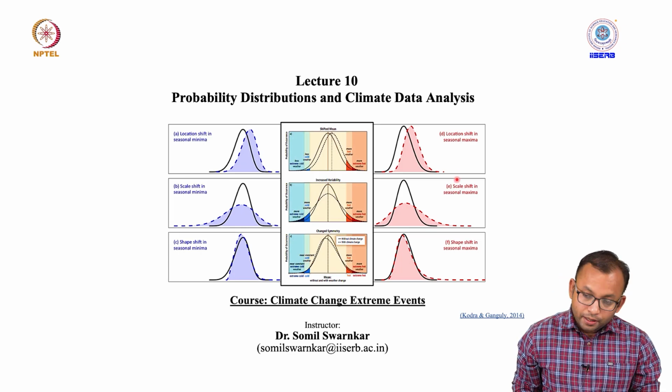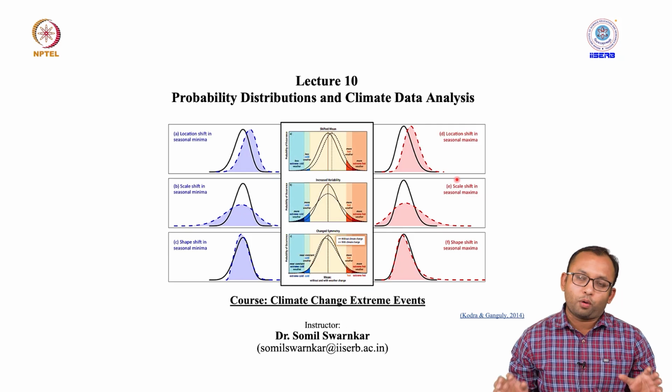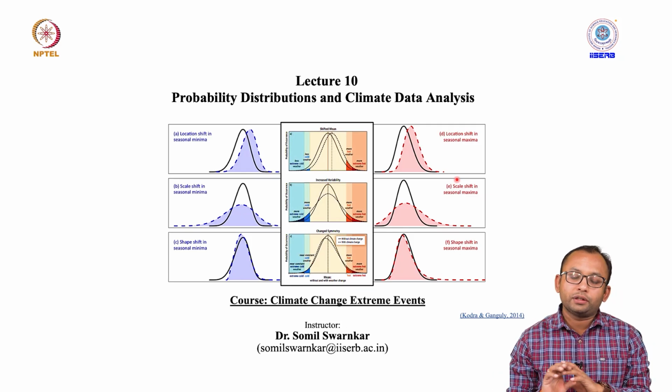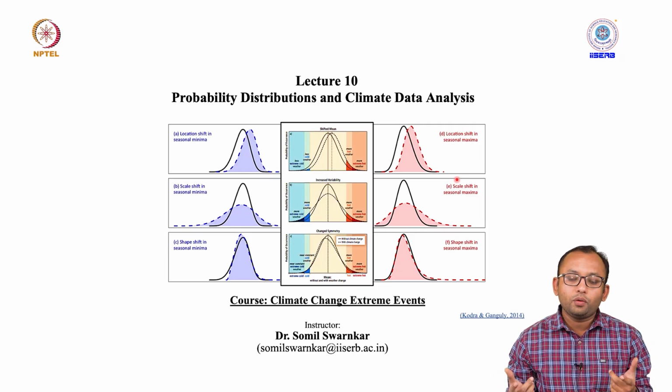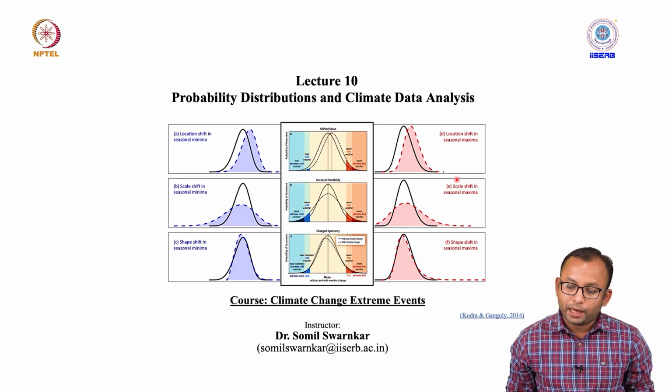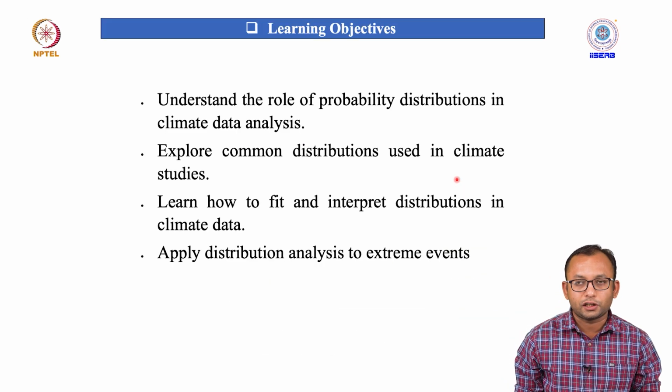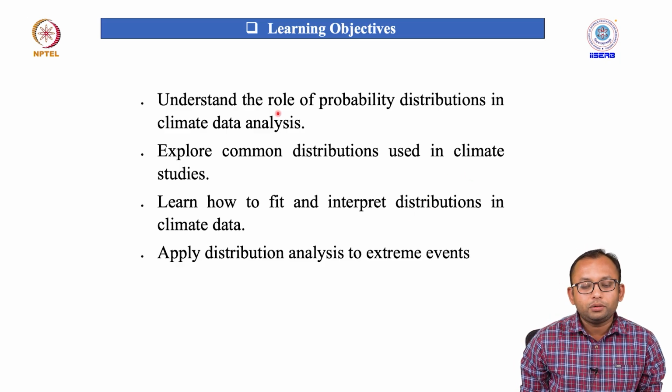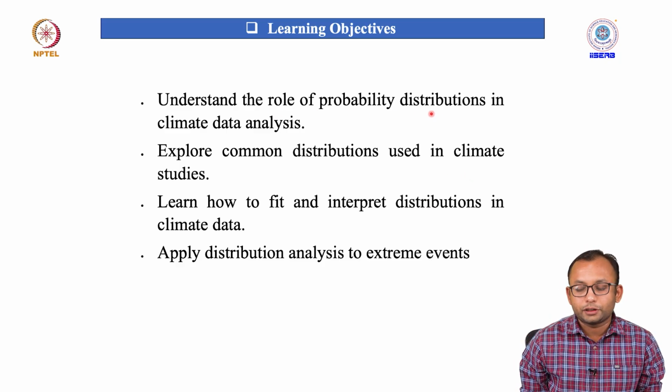So, in order to understand all these shifts and behaviors, we look at applying probability distribution functions in climate data analysis. In this lecture particularly, we will talk about the role of probability distributions in climate data analysis.